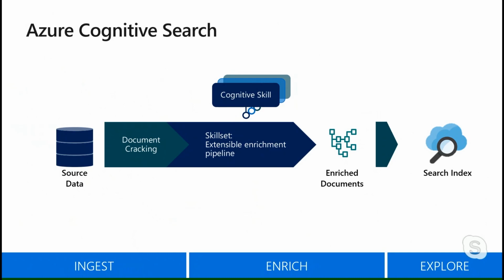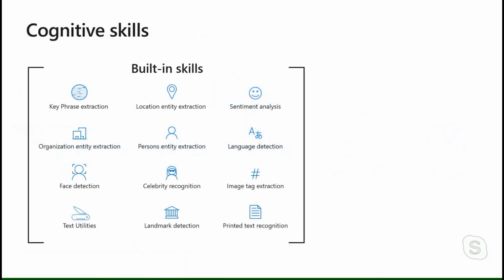So as part of these cognitive skills, we have many built-in skills, more than I show on the screen right here. But these are just examples of the types of built-in skills that we have. Key phrase extraction, translation, maybe you want to identify celebrities in an image, sentiment analysis, all kinds of different and really cool machine learning based skills.